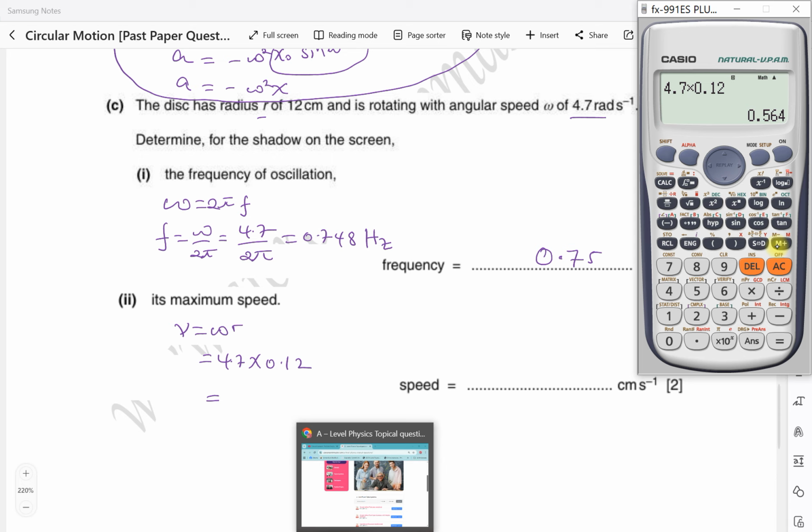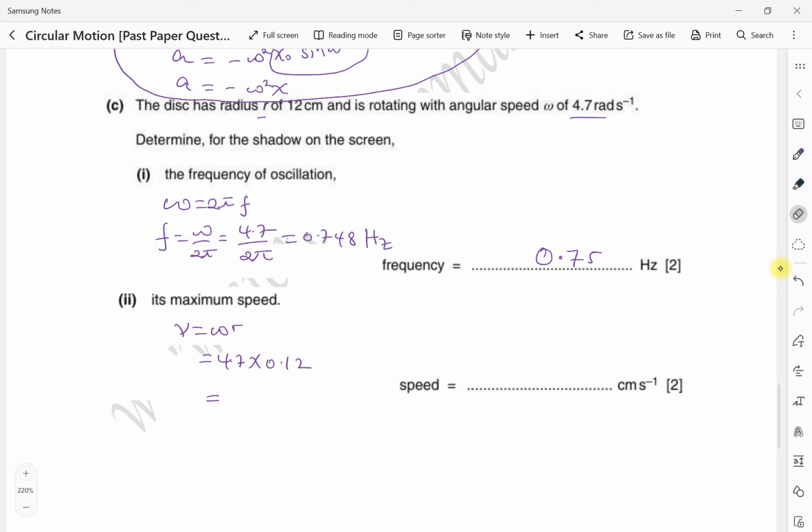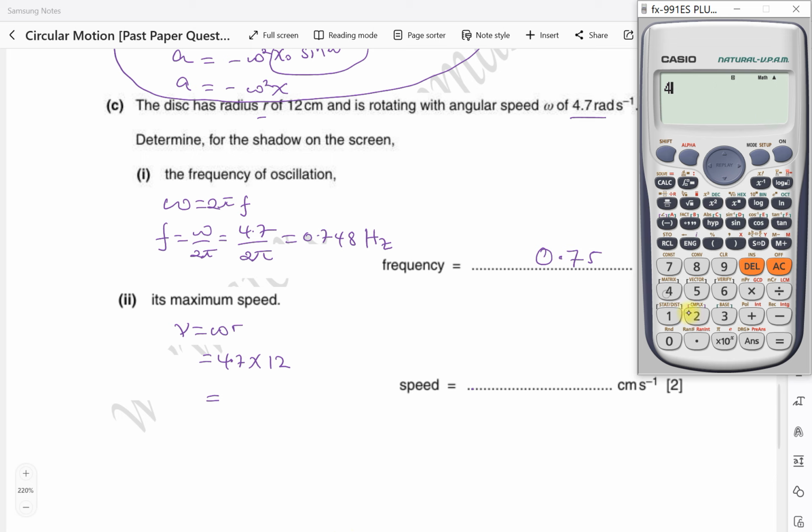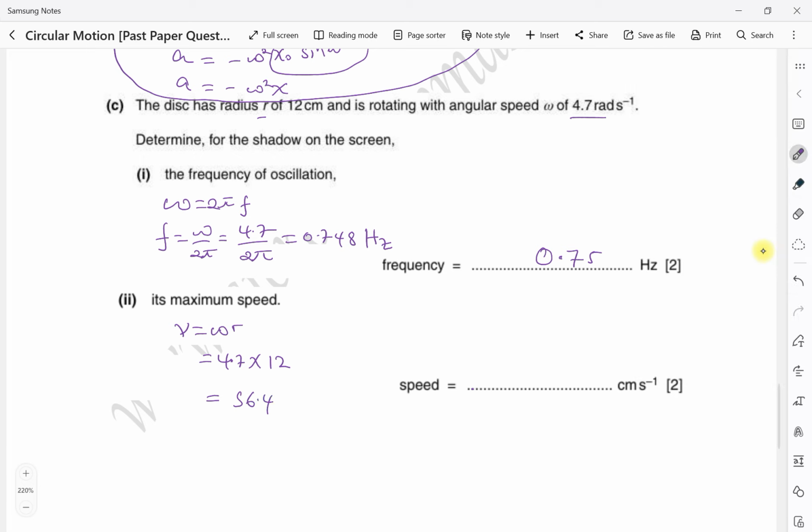They want the answer in centimeters per second, so I don't need to change this. I'll just use 12. So 4.7 times 12 is 56.4, so the answer here is going to be 56 centimeters per second. I think that is enough for part 4.